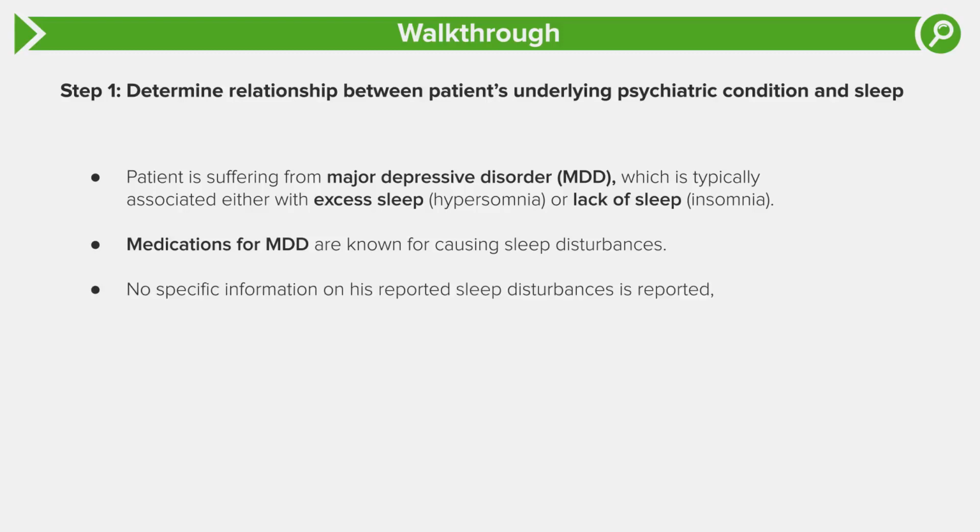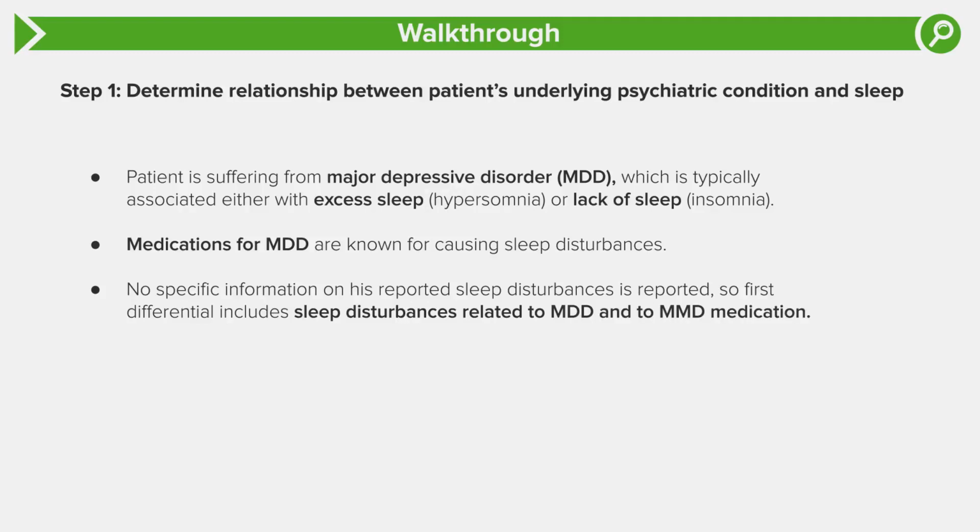There is no specific information in the clinical vignette regarding sleep disturbances. So we have to make our own differential, which includes sleep disturbances related to major depressive disorder and sleep disorders related to major depressive disorder medications.